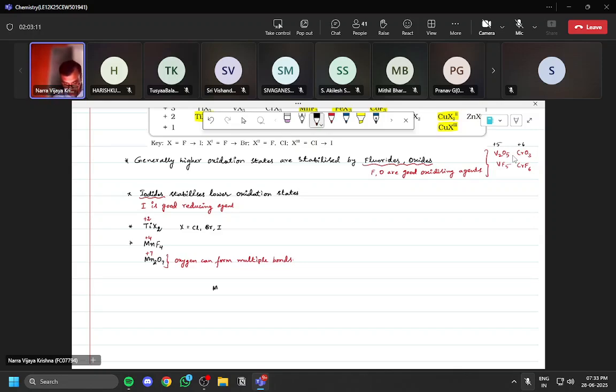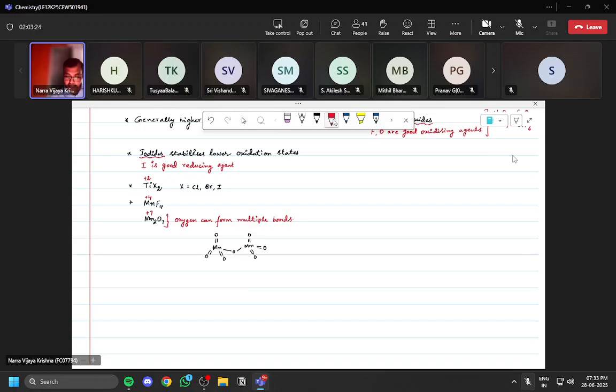So I'm writing it as Mn double bond O, double bond O, double bond O, single bond O, manganese. Is it clear? Response, sir. Tetrahedral. Both manganese are having d3s hybridization. Any questions in it?